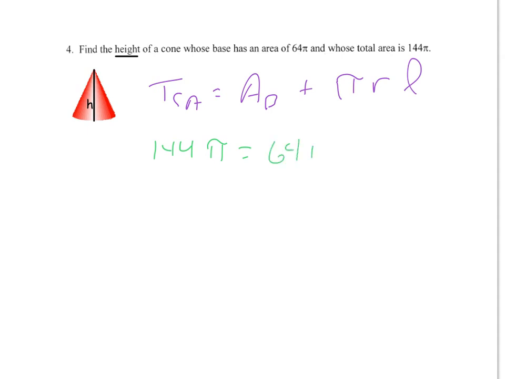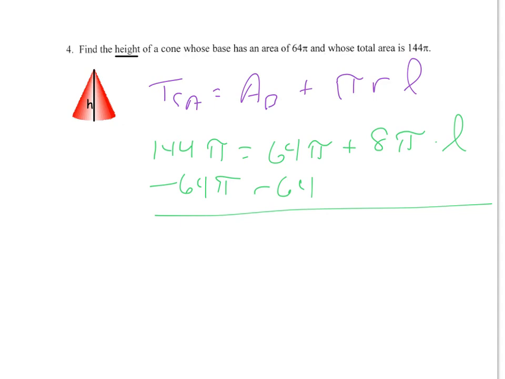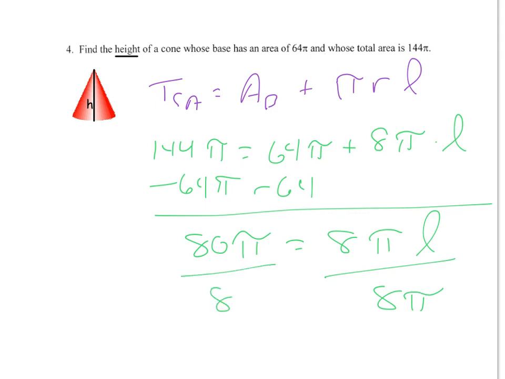And doing a quick little bit of math, do we see that our radius is equal to 8? So I have 8 pi times L, and I'm solving this for L. So I'm going to subtract the 64 pi from both sides. So I now have 144 minus 64, don't tell me, that's 80 pi, is equal to 8 pi L. And divide both sides by 8 pi. It looks like my slant height has got to be 10.